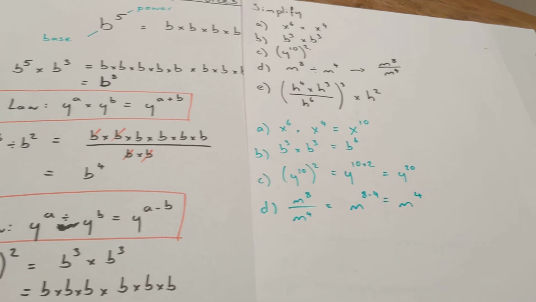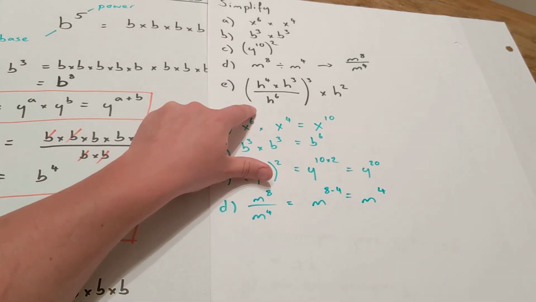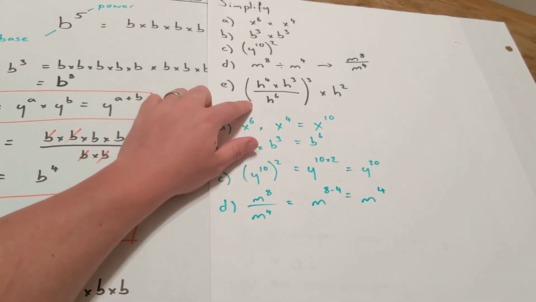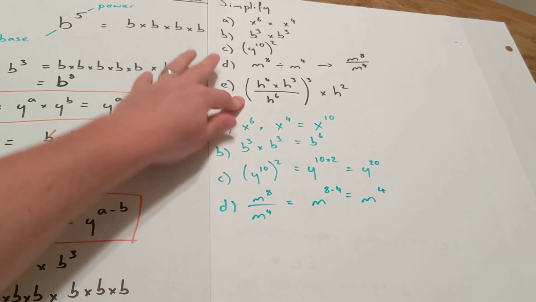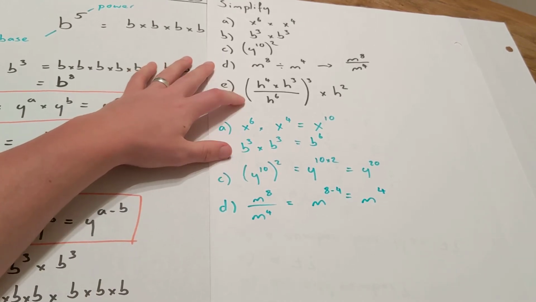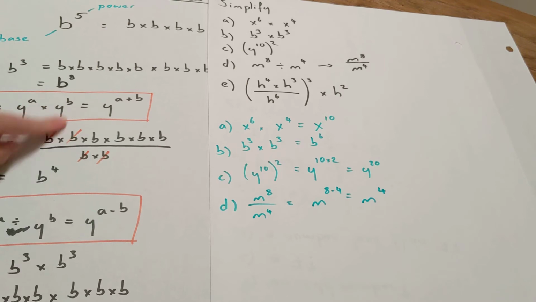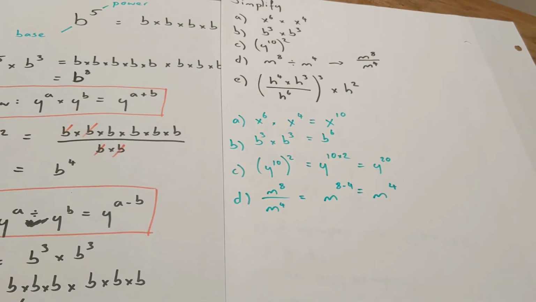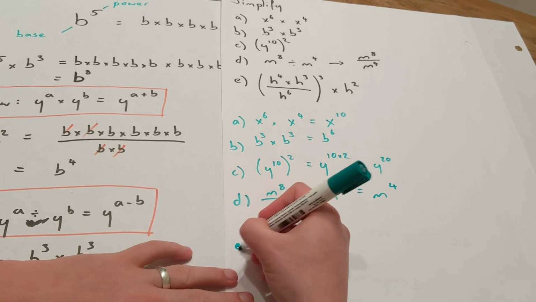Okay, now you've probably already seen this one and maybe had a small panic attack. This one is trickier. There's several steps to go through, but all those steps are just the same as these. So there's nothing actually more complicated in it. We just need to make sure we do it all in order.